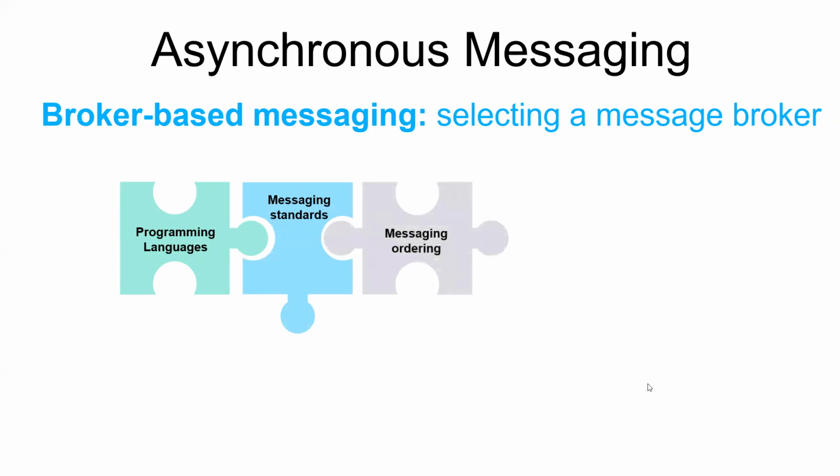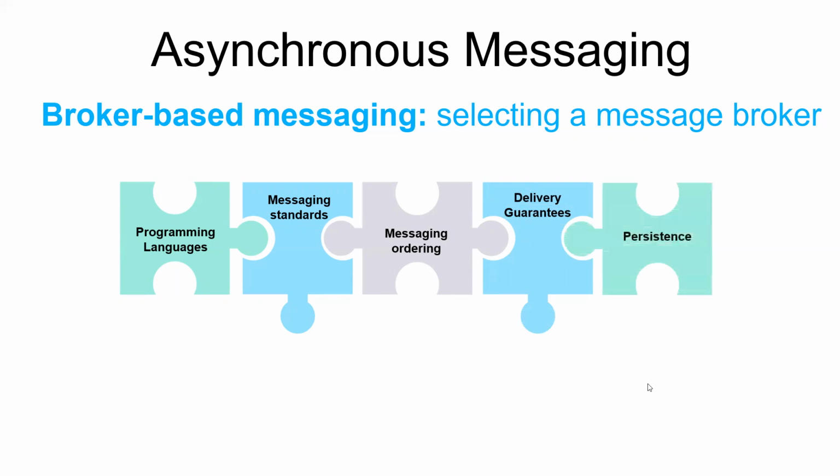The third one is message ordering. Does the message broker preserve ordering of messages? The next one is delivery guarantees, or what kind of delivery guarantees does the broker make? Then we have to look at persistence. Are messages persisted to disk and able to survive broker crashes?